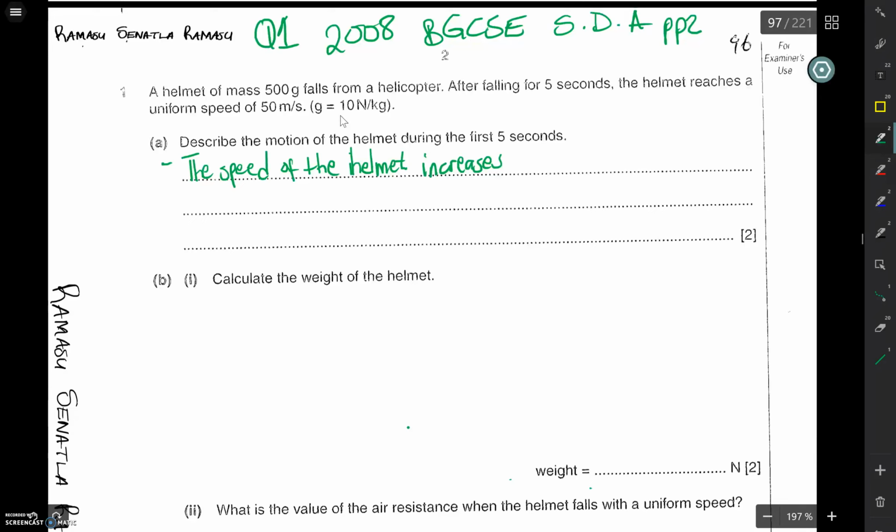Or you could say that the helmet accelerates at a rate of 10 meters per second squared.